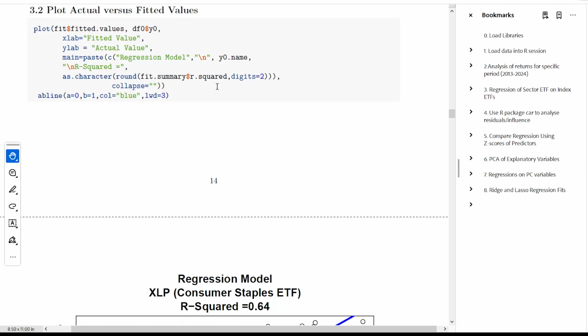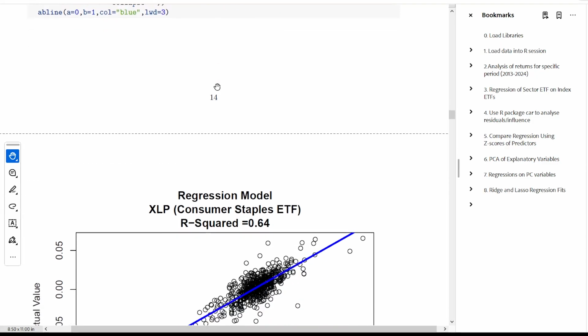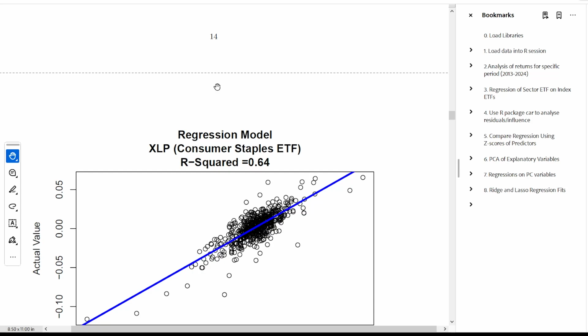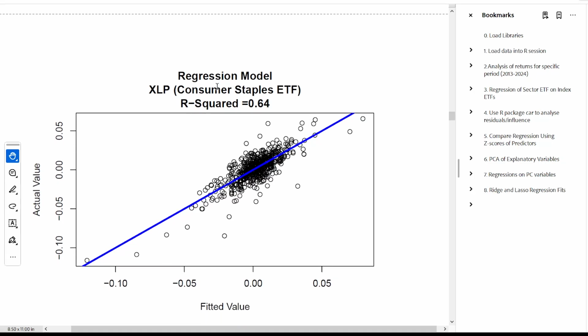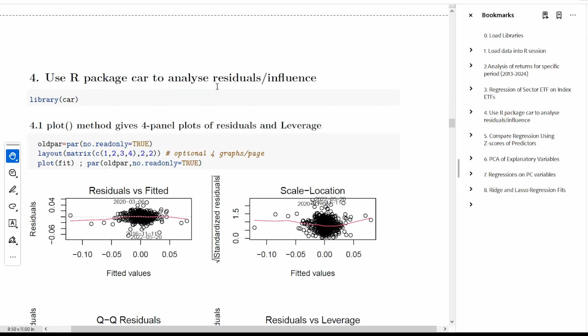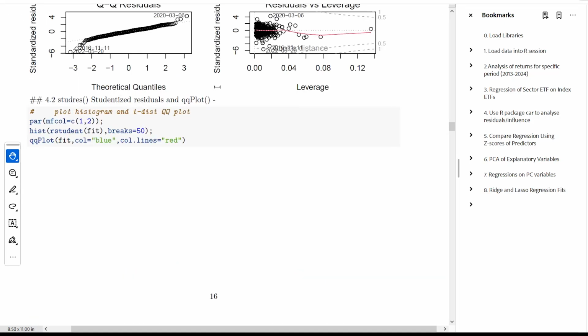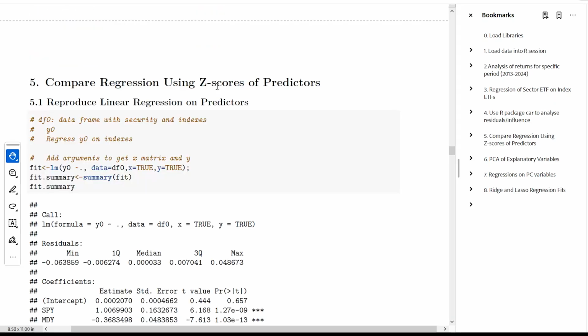When we study the regression model, we have the R squared of this multiple regression. The correlation of the fitted and actual values, or the square of that, is given by the R squared. We can do various regression diagnostics, which are used here. I'll let you go through these details. That's a bit repetitive from what we talked about in the last lecture.